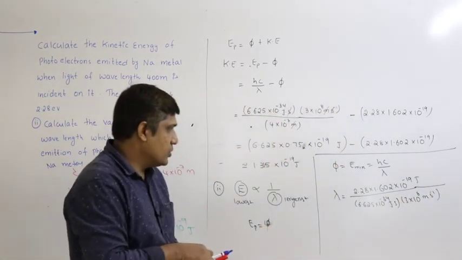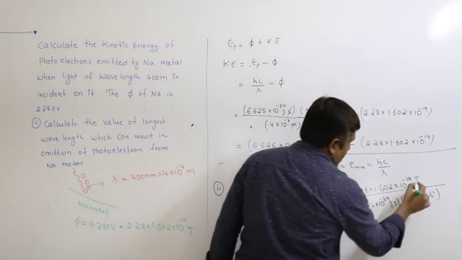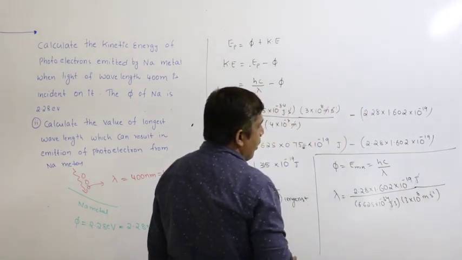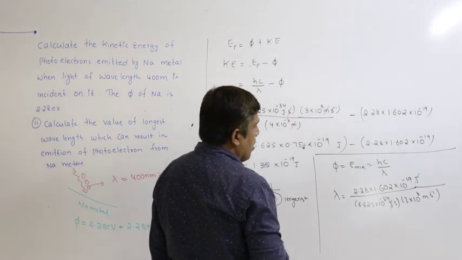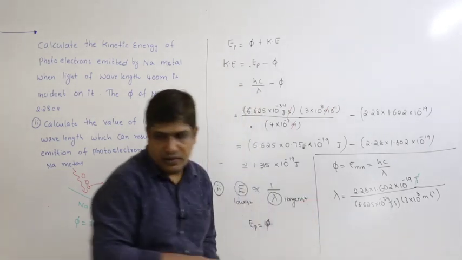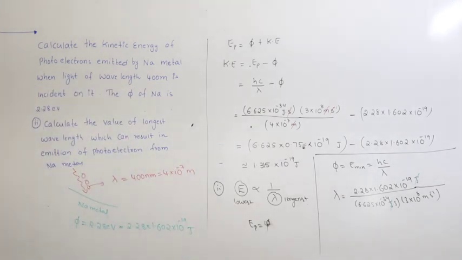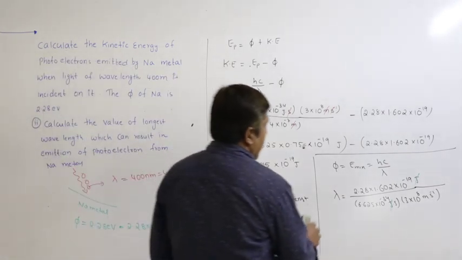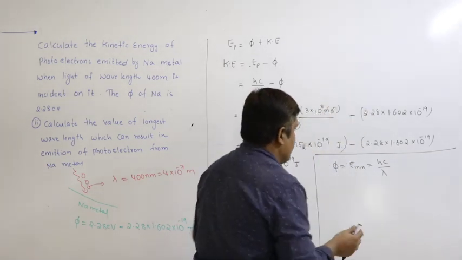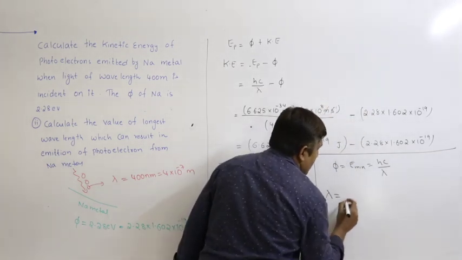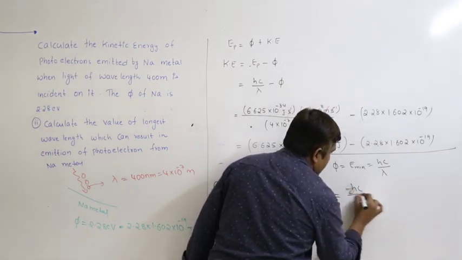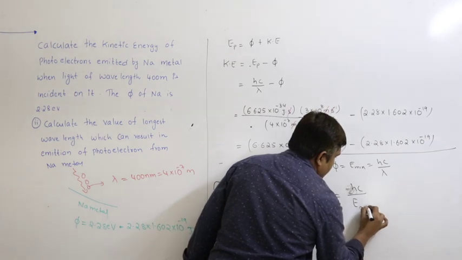Now let us cancel the units. So lambda equals hc by minimum energy.